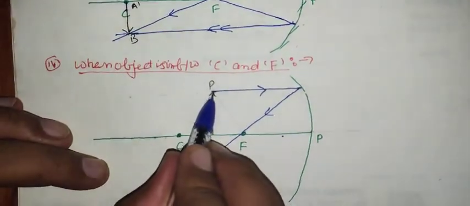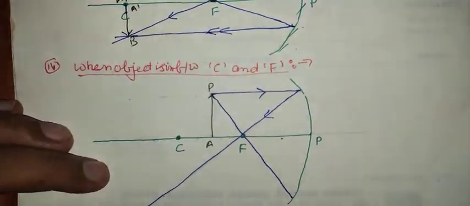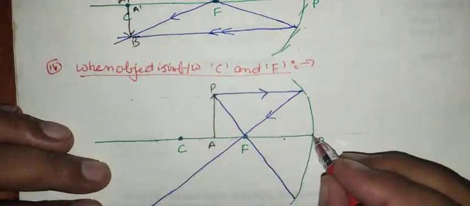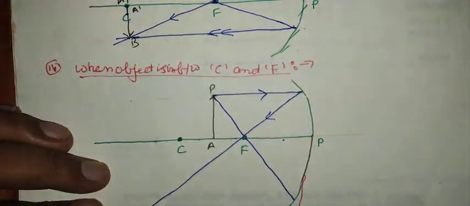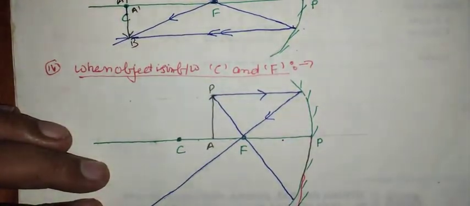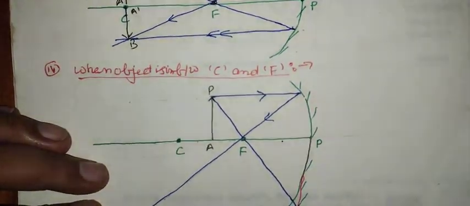And the second ray we will pass from the focus, as we have done before. So this ray of light will come up to here.